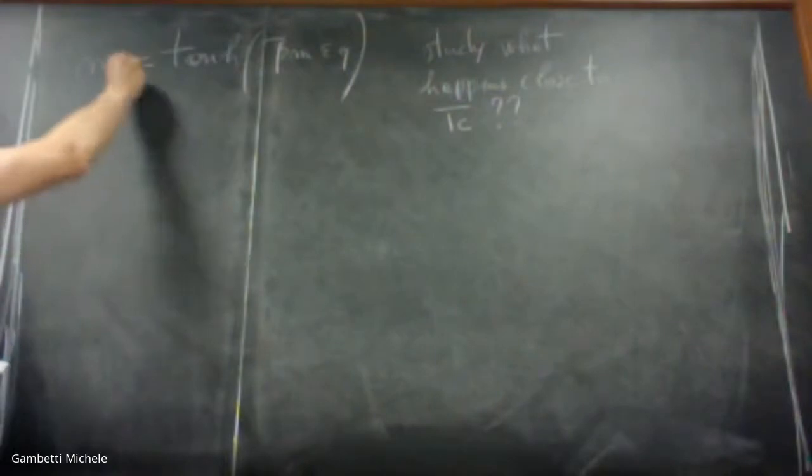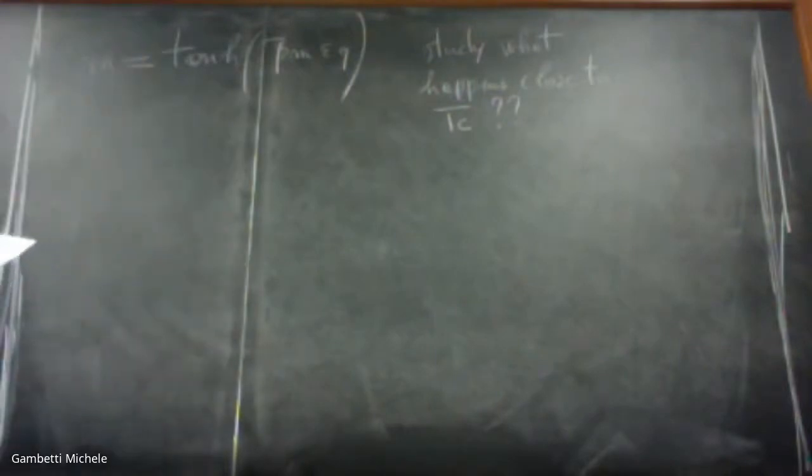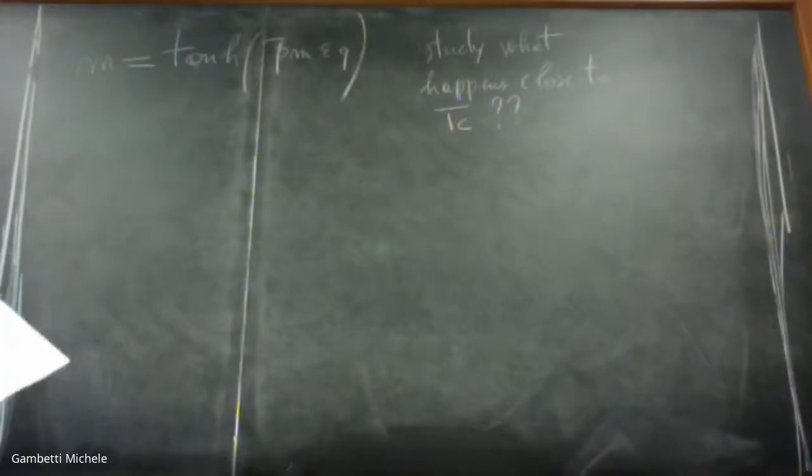And so let me start again from this formula for M. What I do now is to make an expansion close to Tc from the left-hand side, where I know that the magnetization is different from 0.